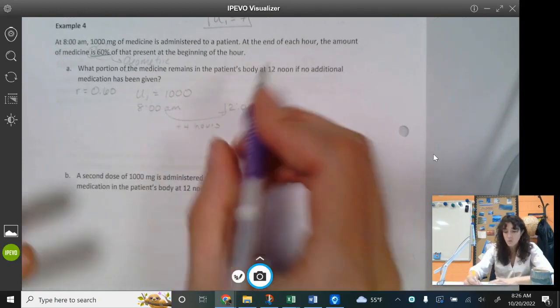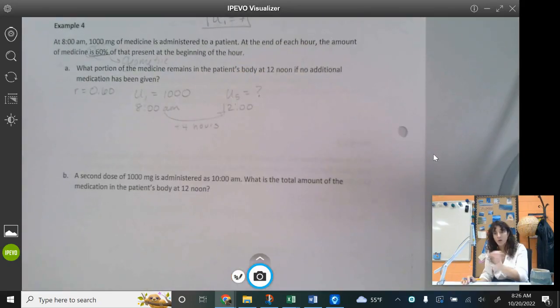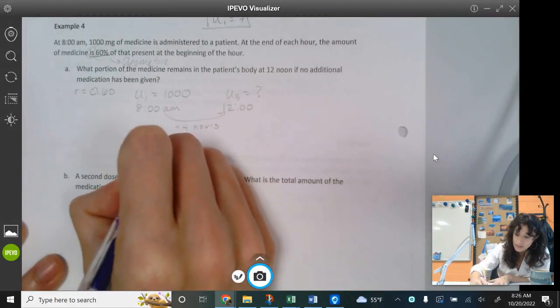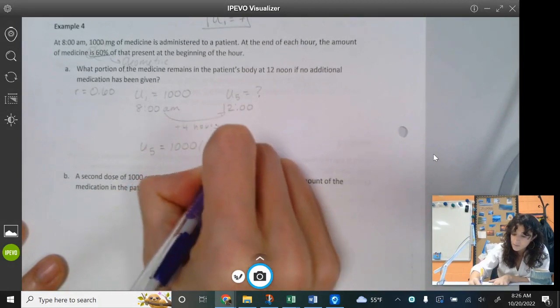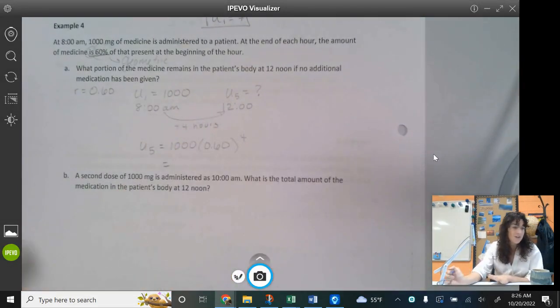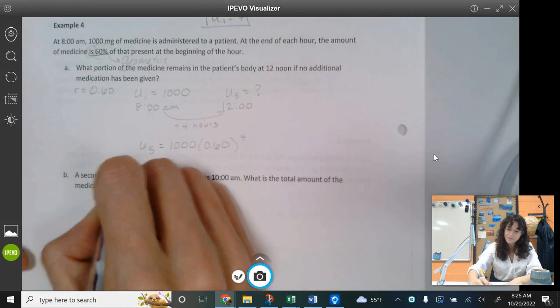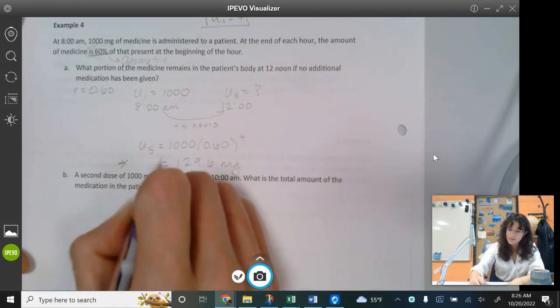Or you can just do 1 plus 4 is u sub 5. But you have to always check in with what your notation means and be consistent with how you use this formula. Okay, so we just need to find u sub 5, which now that we've established what we're looking for here, is pretty straightforward. So you can go ahead and calculate for that. And we get 129.6 milligrams.